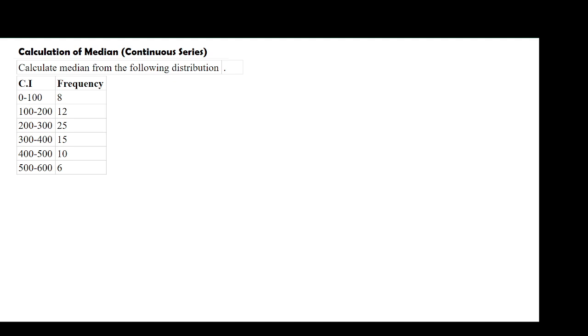Now to make you understand still better, let us take one more example and calculate so that it becomes clear for you. So you can observe here, calculate median from the following distribution. So class interval and frequency values are given, 0 to 100, 100 to 200 and so on. As usual, same step. First we have to find the cumulative frequency greater than n by 2.